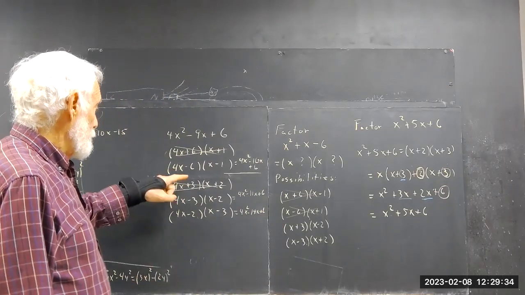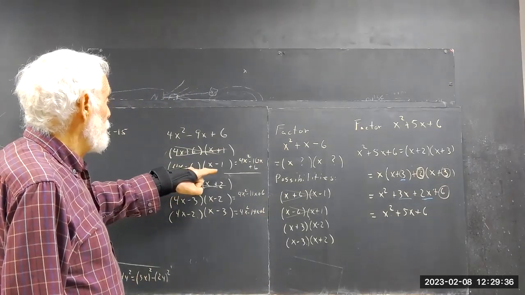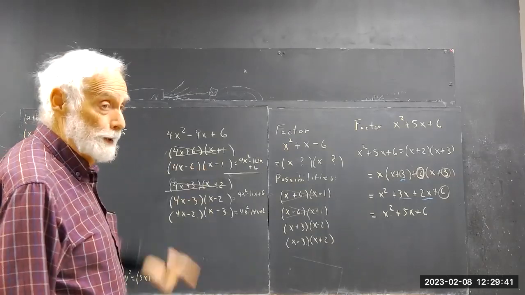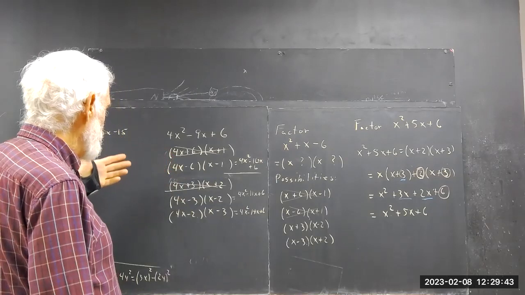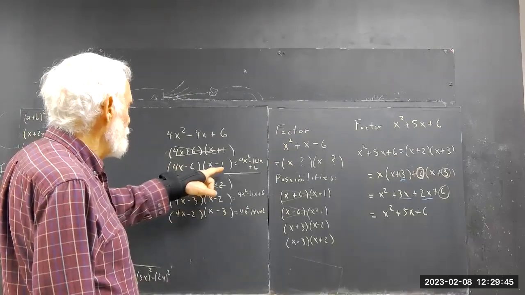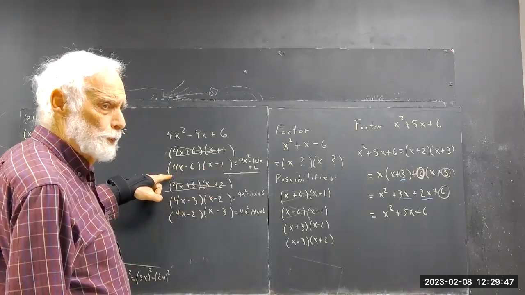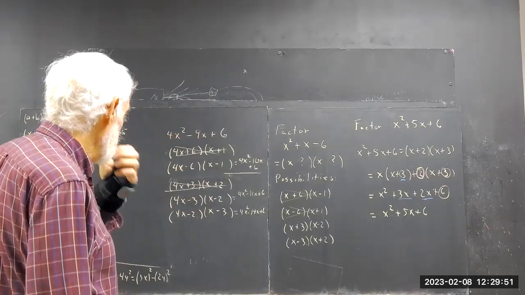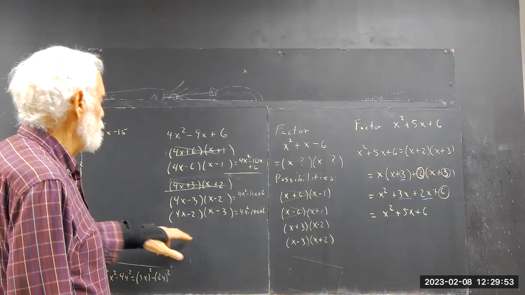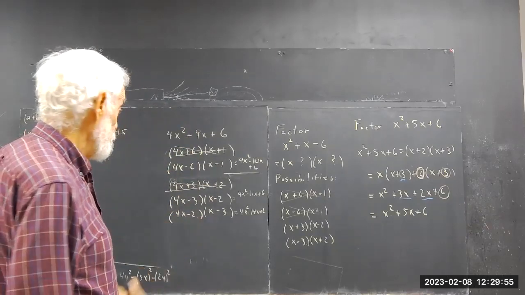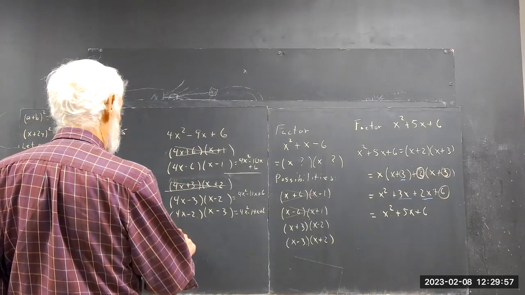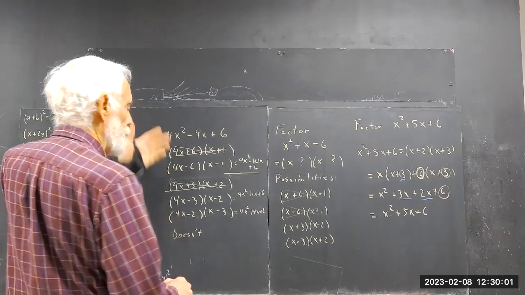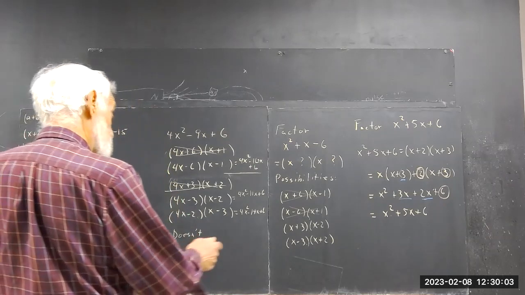I did 4x - 6 and x - 1, or I could do 4x - 1 and x - 6. I didn't write that down because if I have a -6 over here, I'm going to get a -24x. There's no way to get to -9x. As it turns out, you can't factor this on integers, because none of the possibilities work out. Now you have to be careful to list all possibilities.